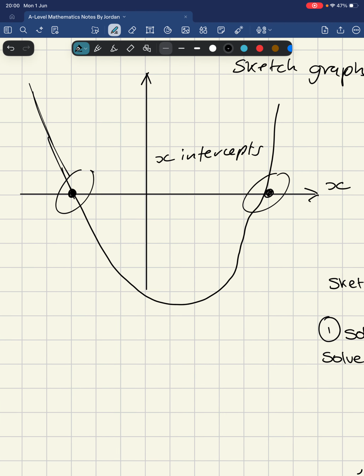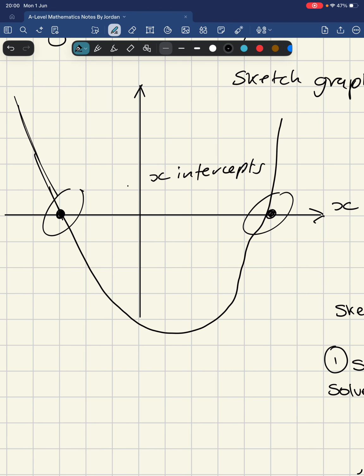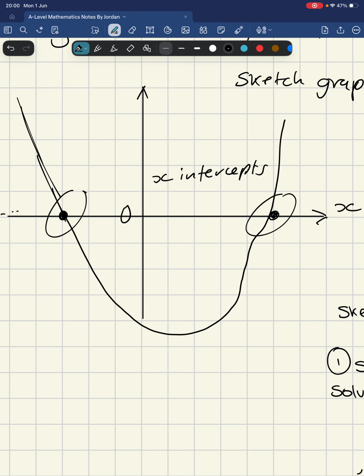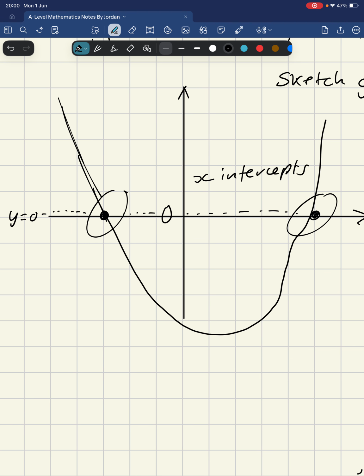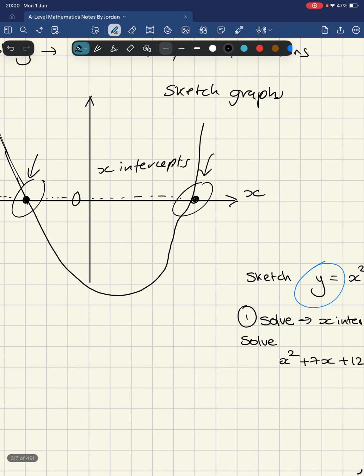On here we have the graph, and you would see that we have the values 1, 2, 3 going up like this, positive, and then it'll be negative going this way. And so 0 is actually in the middle there. And you can see that these points actually line up with 0. Okay? So this is where y equals 0, and by setting it equal to 0, we're going to find these x coordinates here, which will help us sketch it.